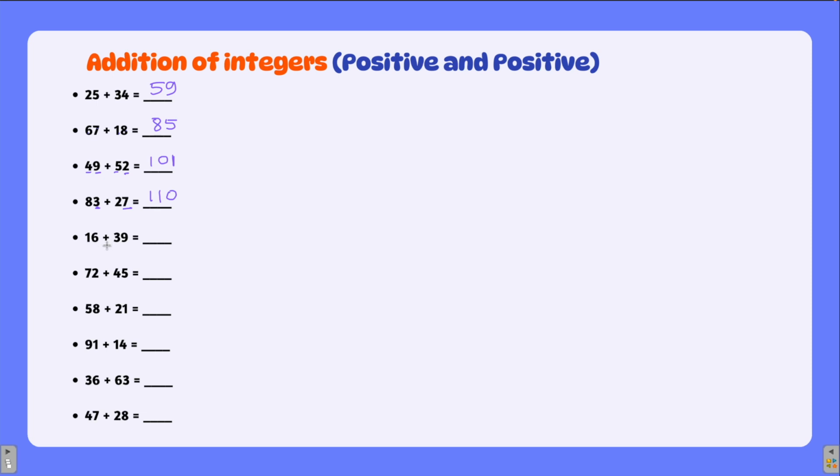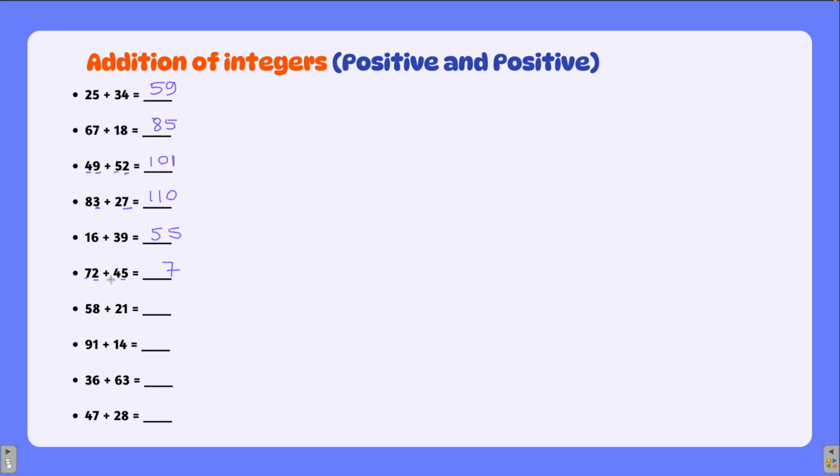Next, 16 plus 39. So 9 plus 6 is 15. So we'll write 5 here. 1 carry. 3 plus 1 is 4 and plus 1 is 5. Now, next is 72 plus 45. Let's see. 2 plus 5 is 7.